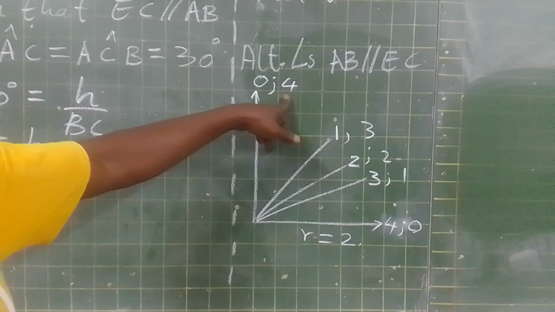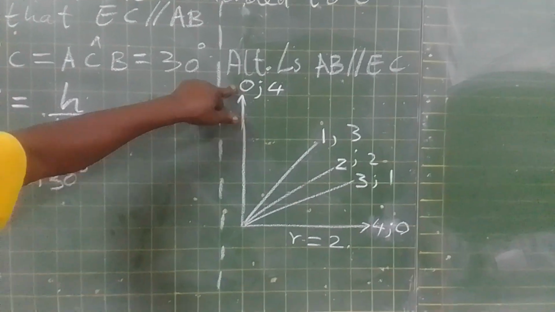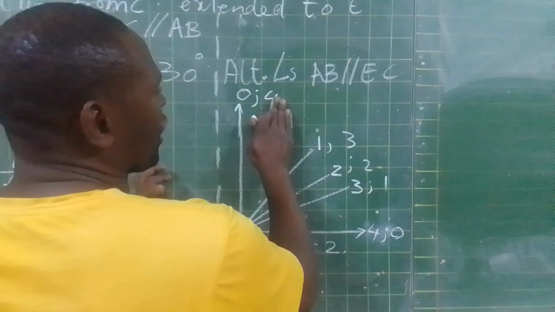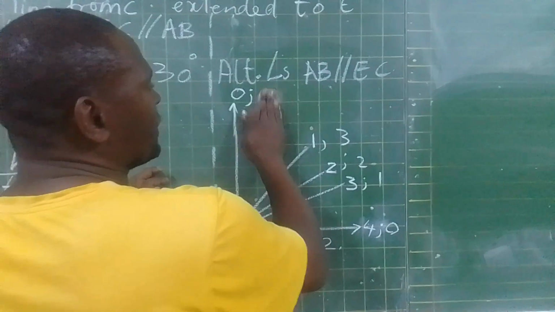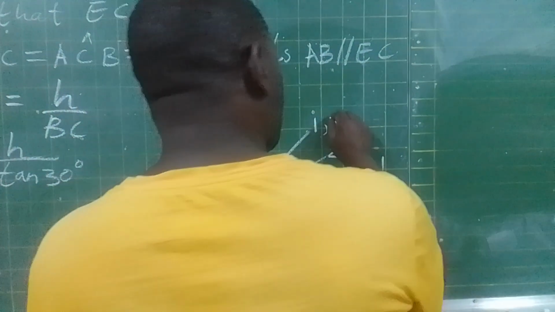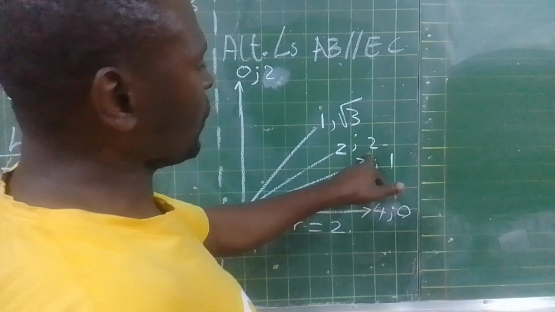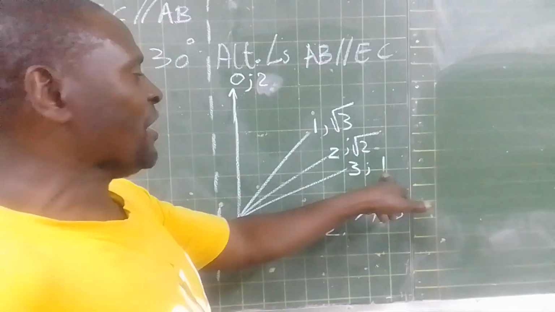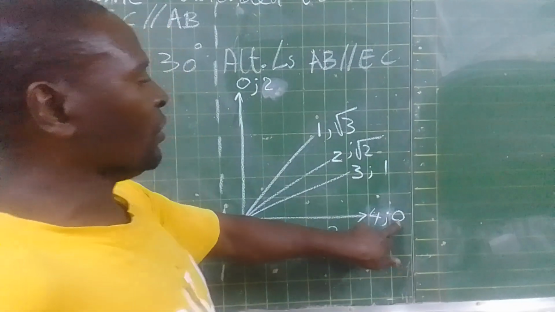So you start to apply the square root. The square root of 0 is 0. The square root of 4 is 2, so you change this 4 to make it 2. The square root of 3 remains square root of 3. The square root of 2 remains square root of 2. The square root of 1 remains 1. The square root of 0 remains 0.